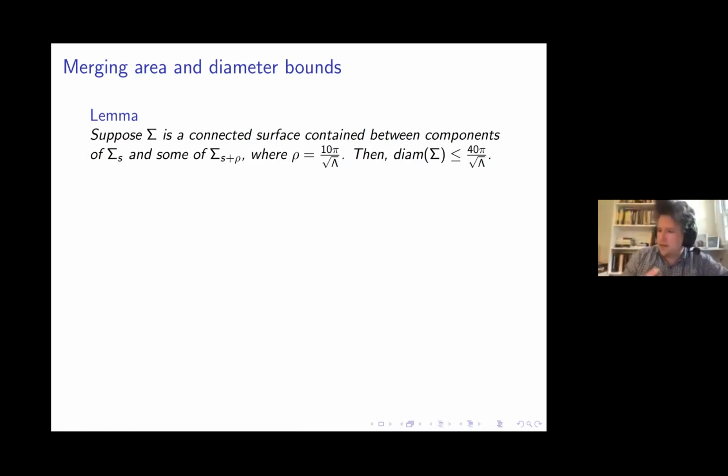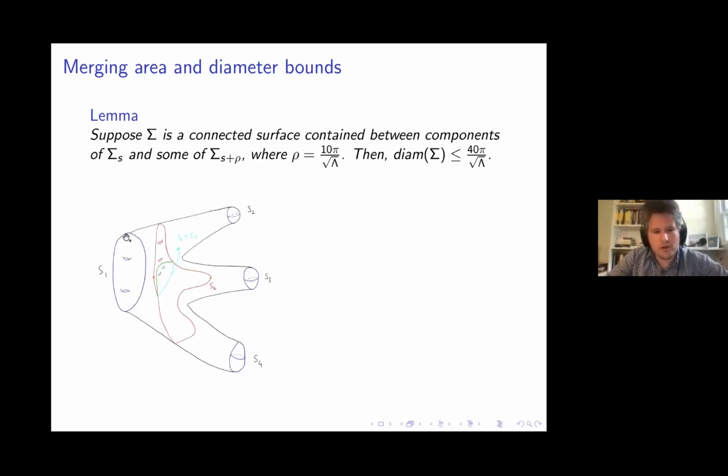Basically, using this is how we proceed. We go back to our surface S1 and start flowing by mean curvature. Then I look at whether it's trapped between the equidistant surfaces. So this is the closest point to S1, and this is the furthest point apart. Whenever they start to get further apart than 10 pi over root lambda, I'm going to come here and cut this right in the middle.